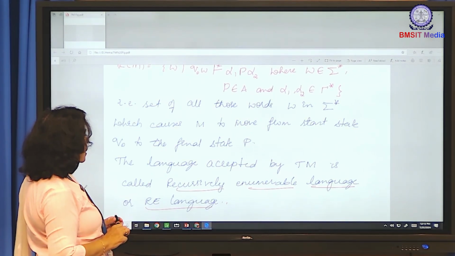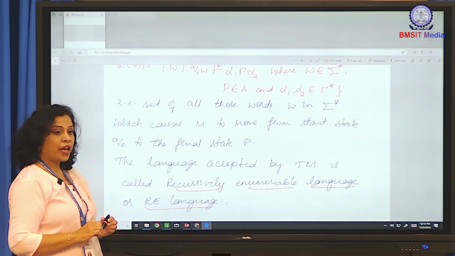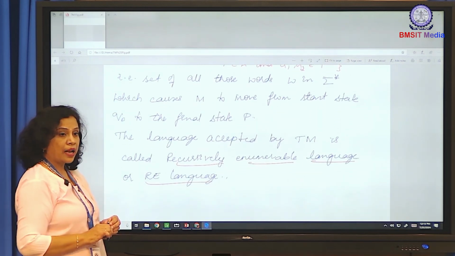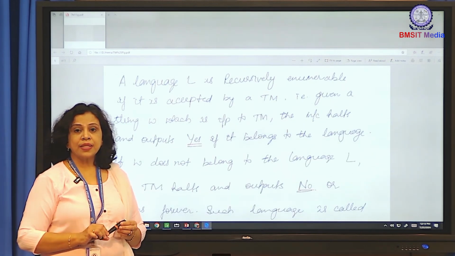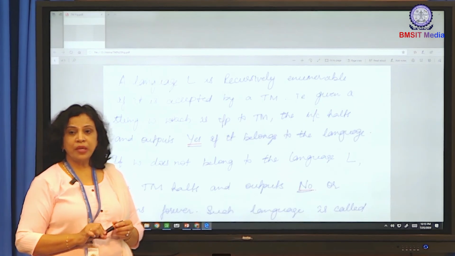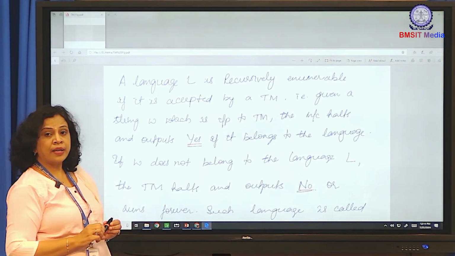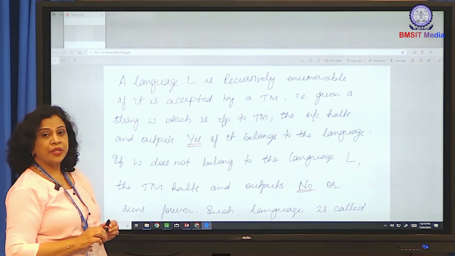The language accepted by TM is called recursively enumerable language, or the RE language. So, how do we define this recursively enumerable language? A language L is recursively enumerable if it is accepted by a TM.